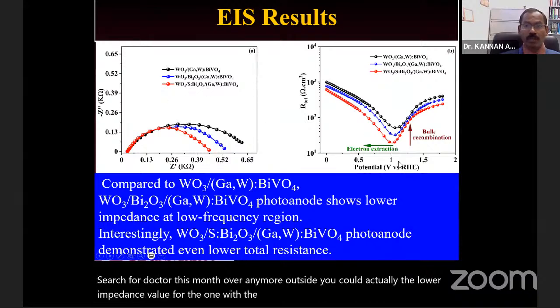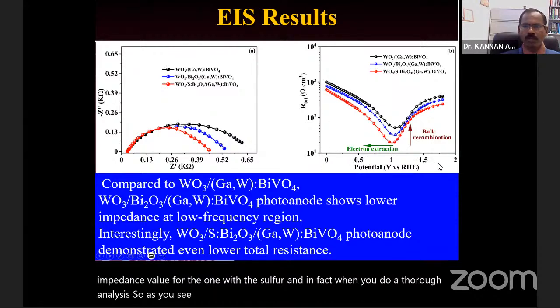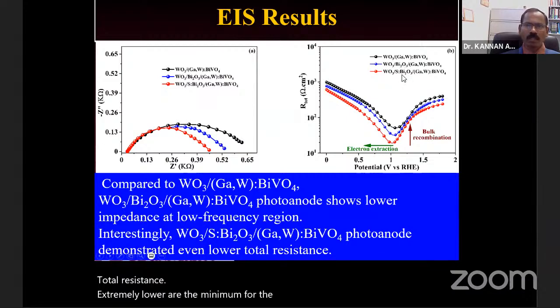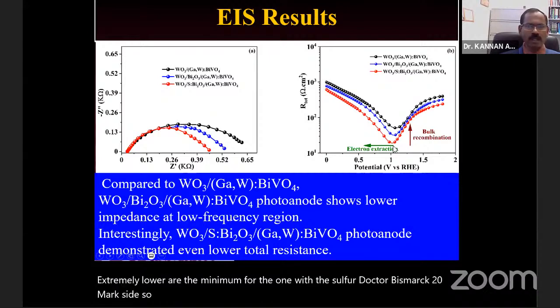And when you do a thorough analysis, with the variation in open circuit electrode potentials, you can see the total resistance is extremely low, the minimum, for the sulfur doped bismuth vanadium oxide.